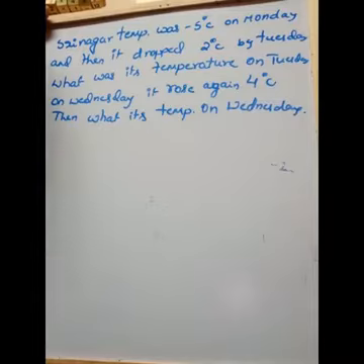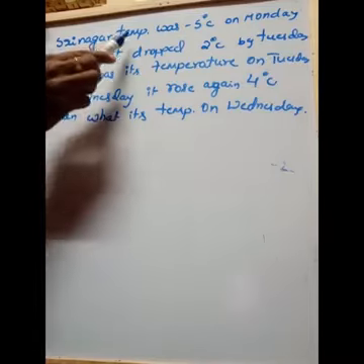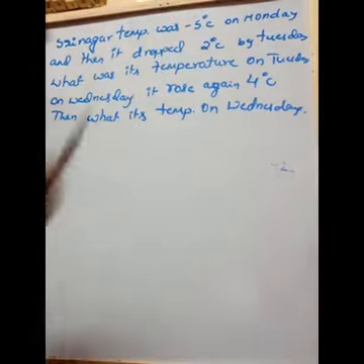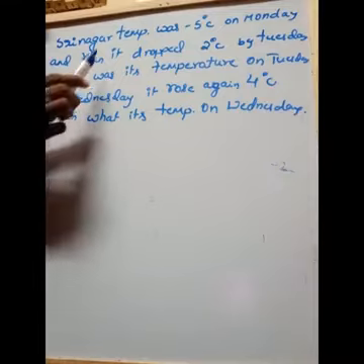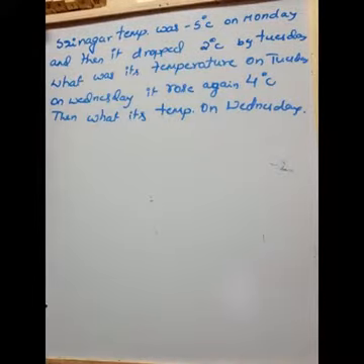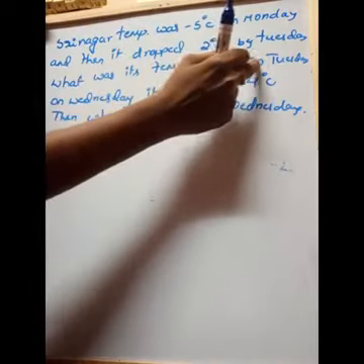I'll conclude this session with one more example. I'm reading the question. Srinagar temperature was minus 5 degrees centigrade on Monday. And then it dropped 2 degrees centigrade by Tuesday. What was its temperature on Tuesday?